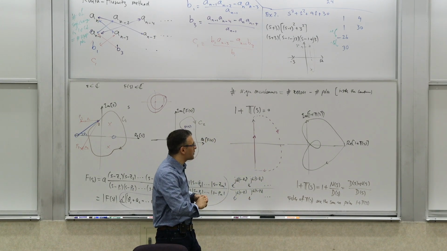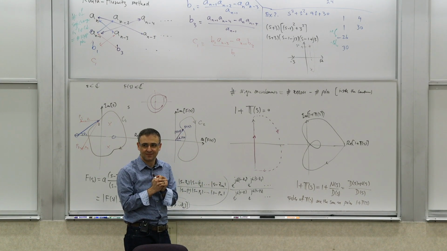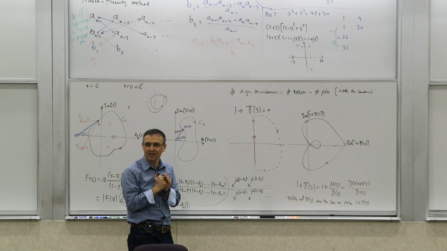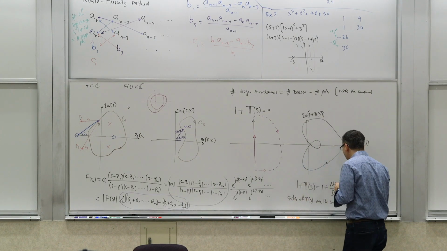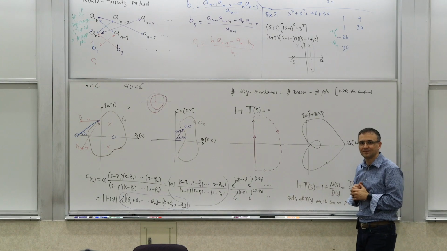So what does it tell you? It tells you that if your loop gain itself is stable, you will not have right half plane poles in this or that.